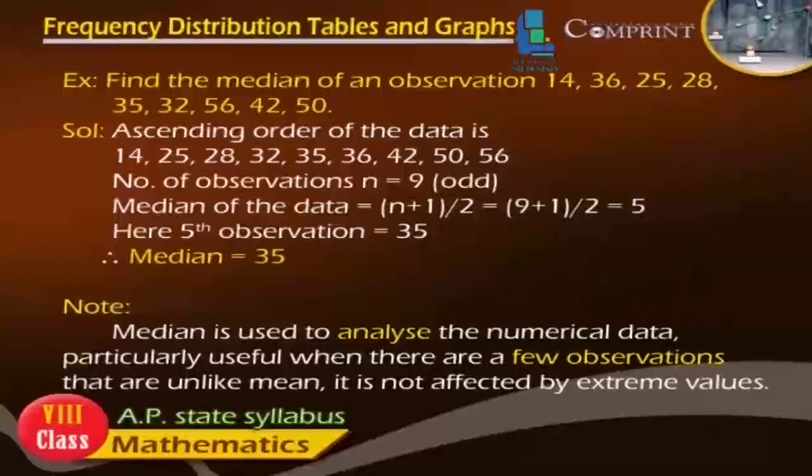Here the number of observations n equals 9, where 9 is odd. Median of the data equals n plus 1 by 2 equals 9 plus 1 by 2 equals 5. Here the fifth observation equals 35. Therefore median equals 35.